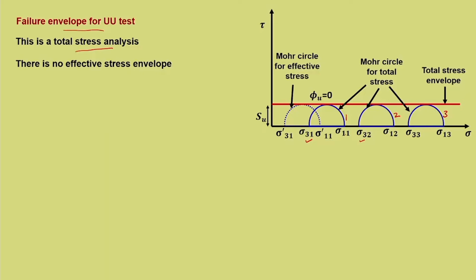When will you say that you have an effective stress envelope? Only when we have tau versus sigma, and if there is multiple effective stress, then one can draw a failure envelope. But here 3 total stress circles have resulted in only one effective stress circle.